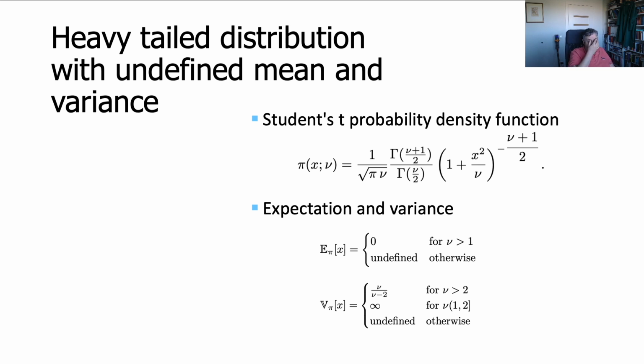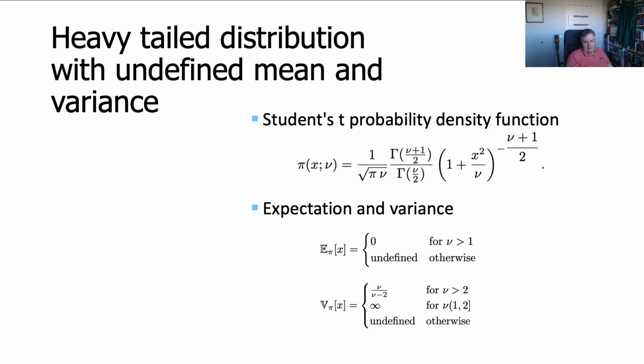Either way, the expectation and variance of the student distribution is known because it can be computed. As long as the number of degrees of freedom is greater than 1, the standard student distribution has an expected value of 0. If, however, the number of degrees of freedom is 1 or less, and 1 is the case of Cauchy distribution, then the expected value does not exist.